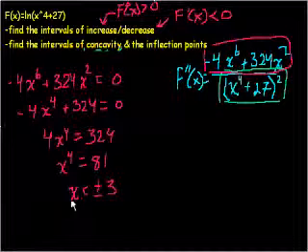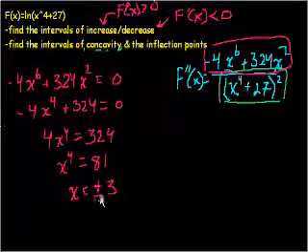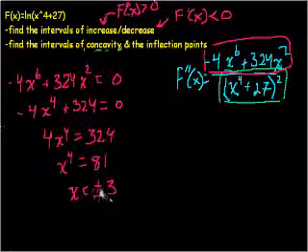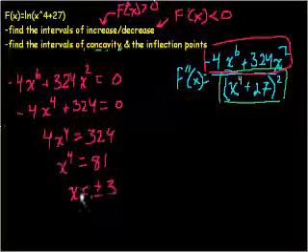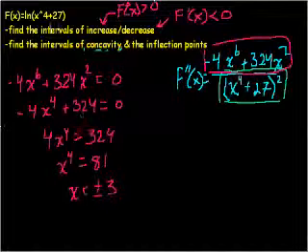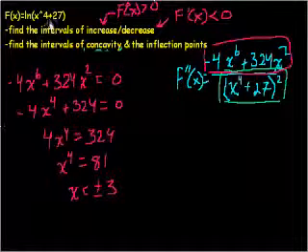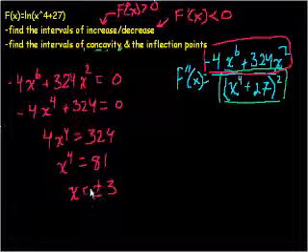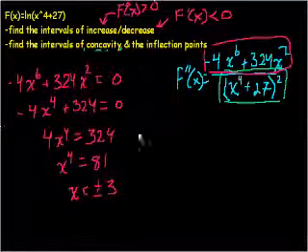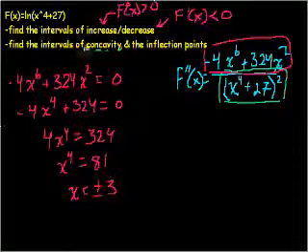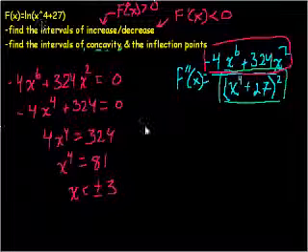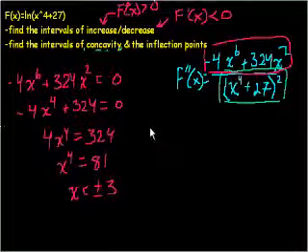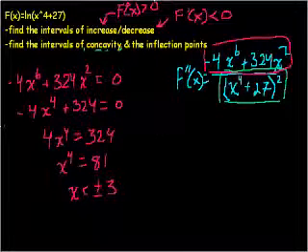So these are the inflection points. x is equal to plus 3 and x is equal to minus 3. And that's actually just the x values. If you wanted the actual coordinate points for the inflection points, you would take f of both of those points. I'll do them in green.